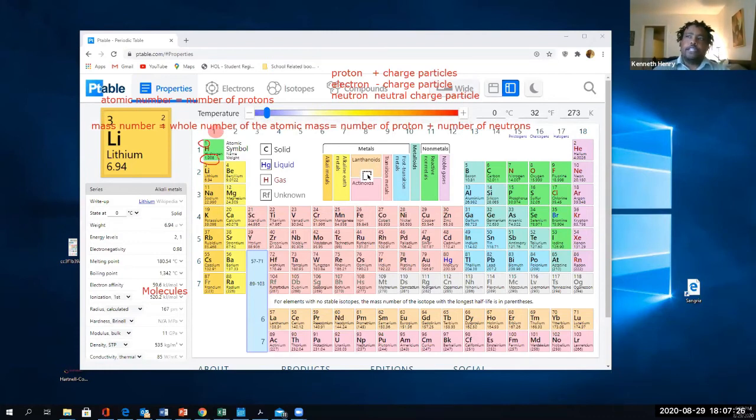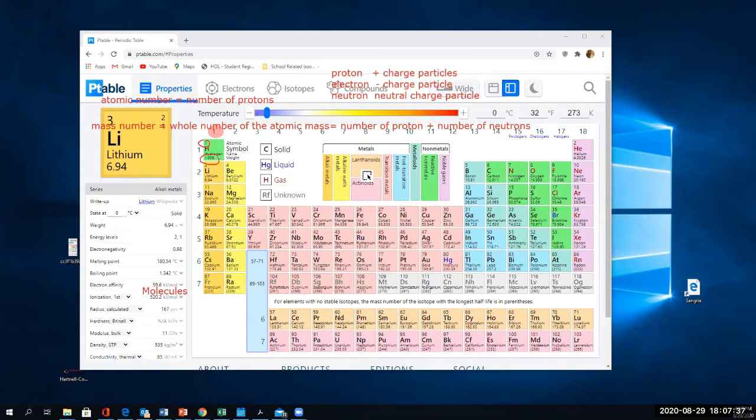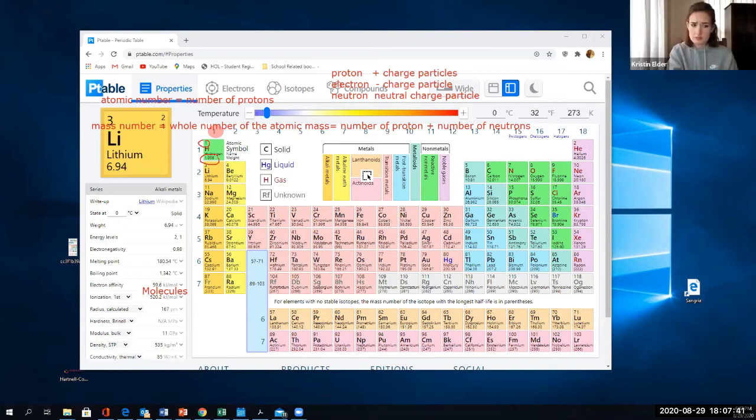So mass number is equal to the number of protons and neutrons. So hydrogen. What is the mass number of hydrogen? 1. How many protons does hydrogen have? 1. How many neutrons does hydrogen have? 0. That's correct.